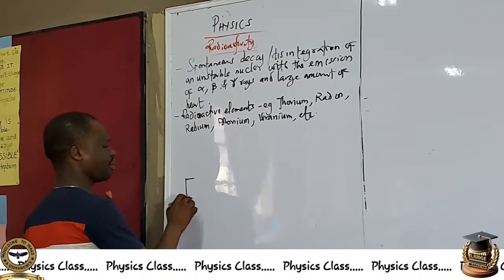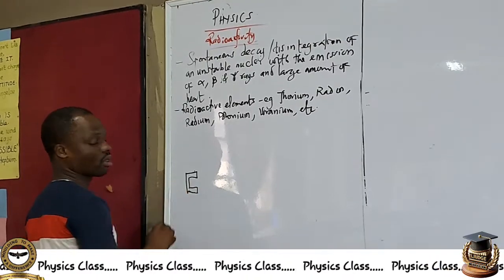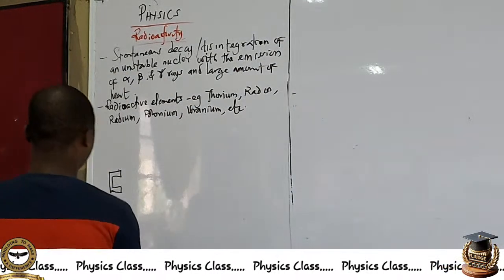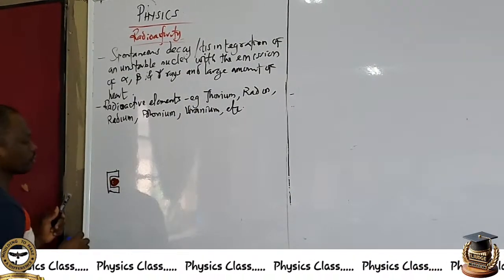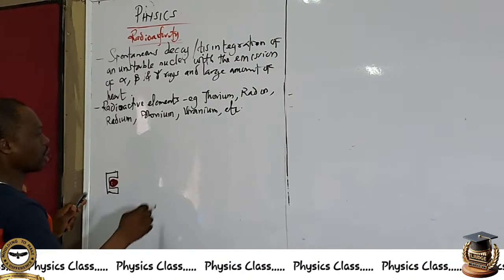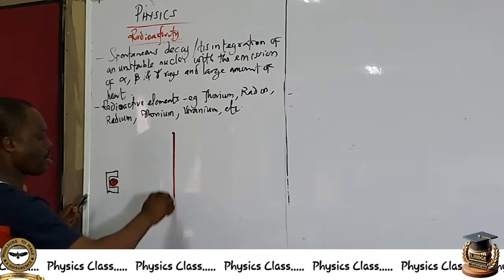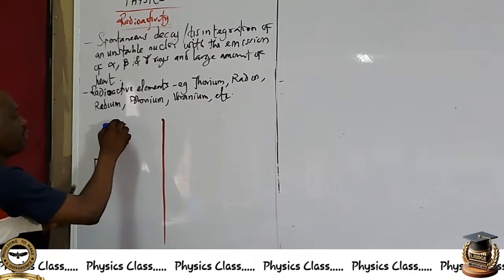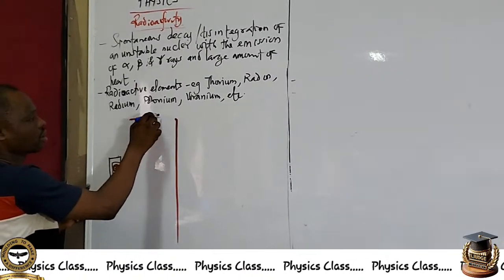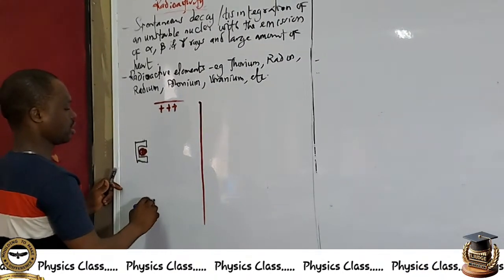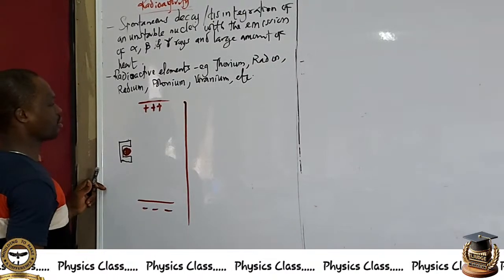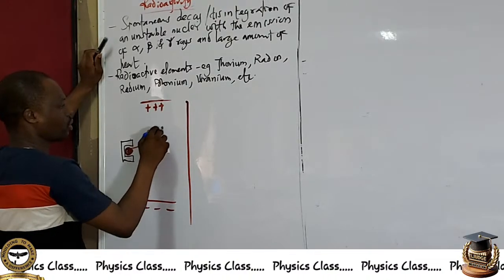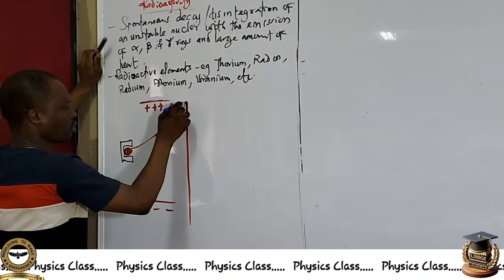If this is my radioactive sample, and this is my photographic plate, if this is my positive charge plate and this is the negative charge plate, the beta particles will deflect towards this.